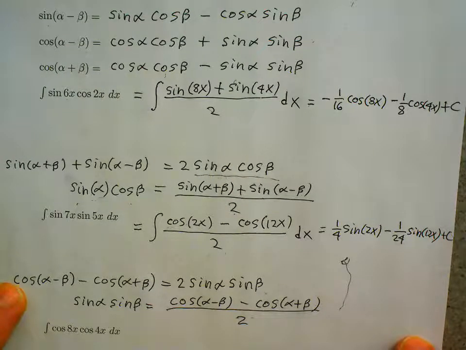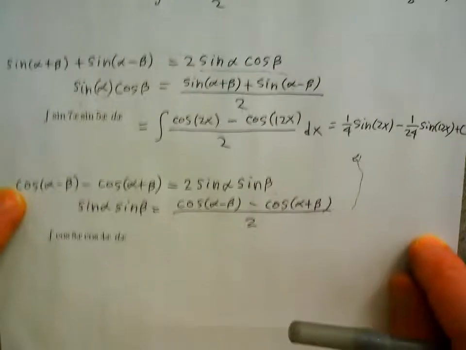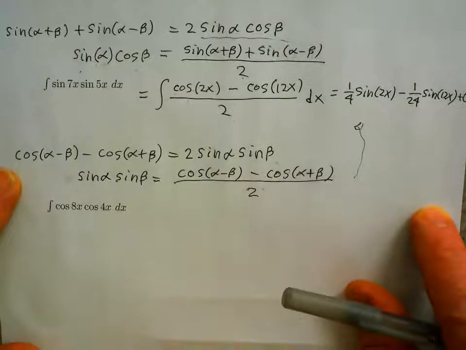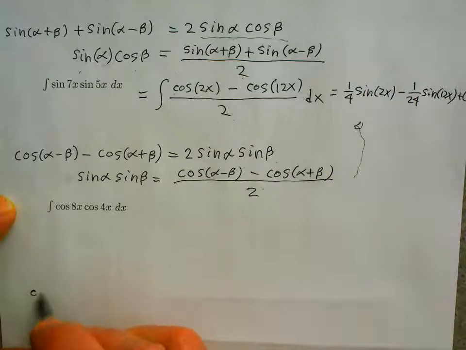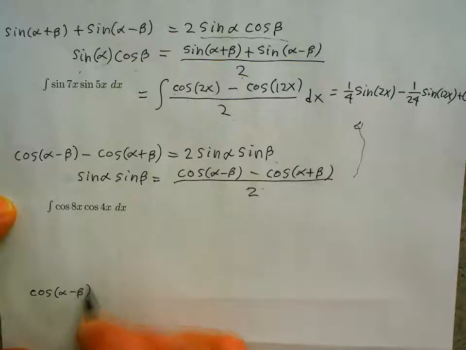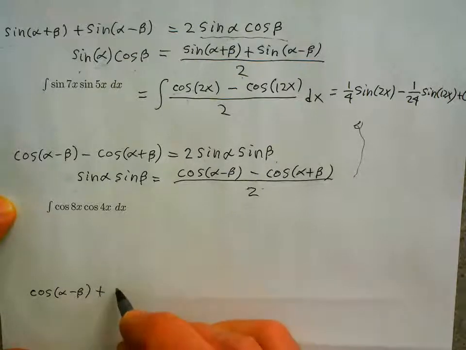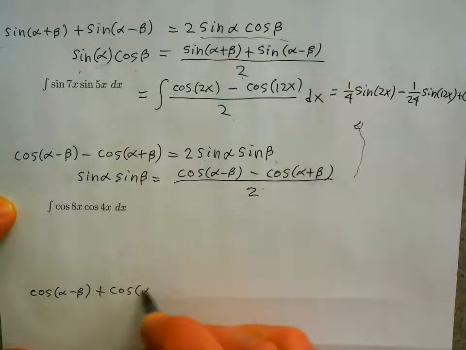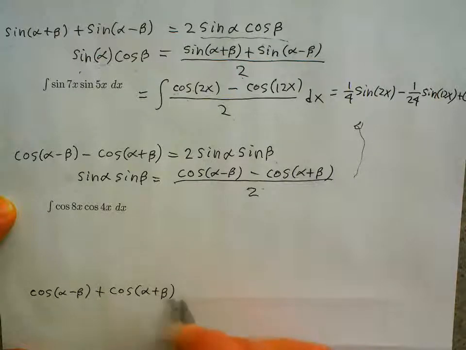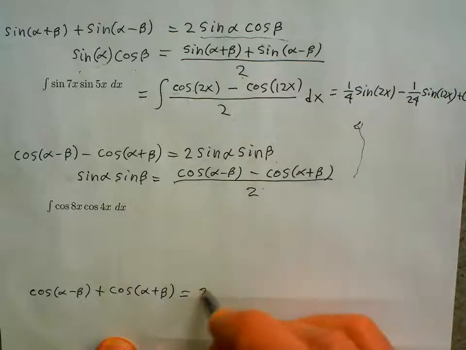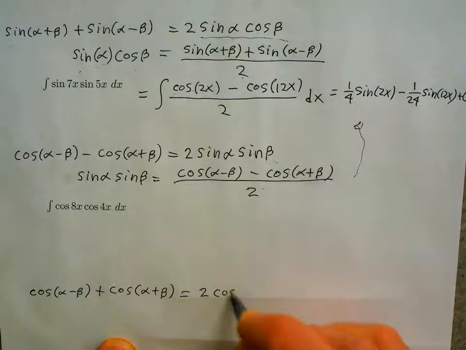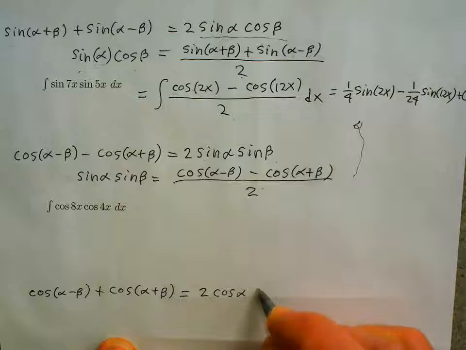Okay, so some of this won't be visible, but I'll add those two bottom identities down here. So cosine of alpha minus beta plus cosine of alpha plus beta will give us 2 times cosine of alpha times cosine of beta.